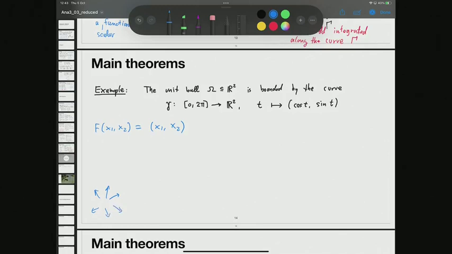If you draw it, it looks like this. Let's take a look at what happens if we integrate the divergence of the vector field, and what happens if we take the curve integral of f against the outer unit normal. On the one hand, we take the divergence of f.